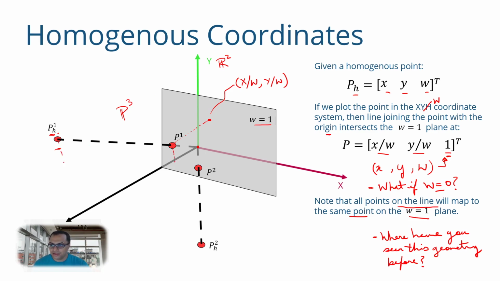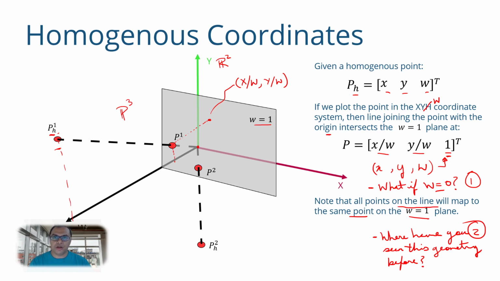Where have you seen such a geometry before in all that you have seen in computer graphics so far? The moment you realize this, you will figure out another use for homogeneous coordinates. We will come back to this use later. But think about these two things, 1 and 2, and try and see what you can come up with.